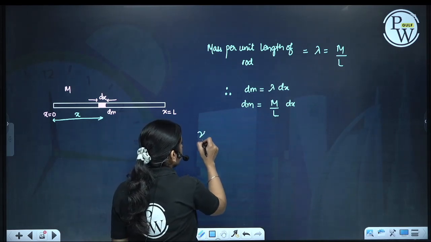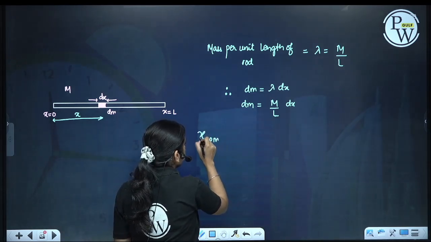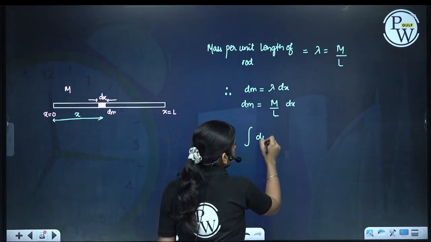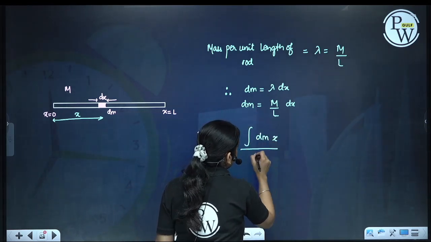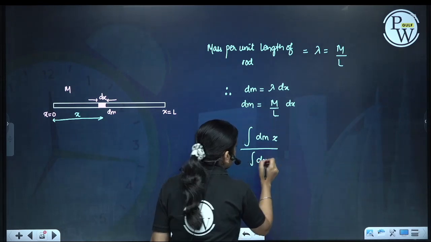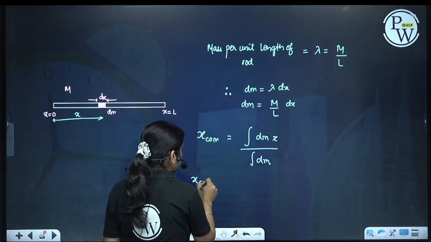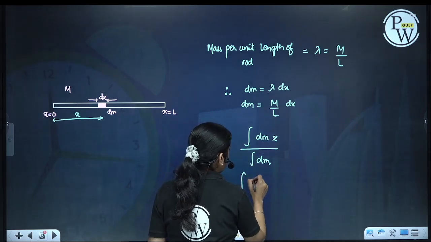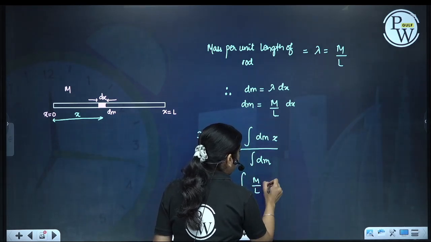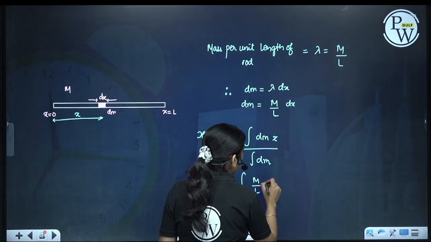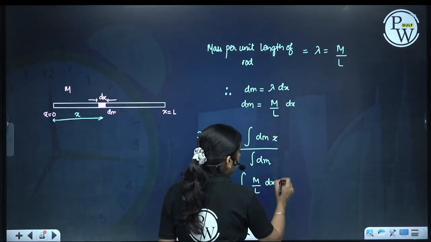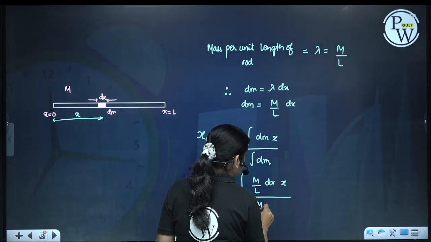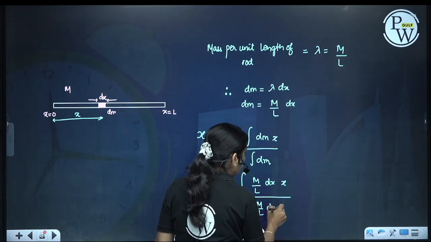Now let us calculate x_cm. x_cm will be the integration of dm into x divided by the integration of dm. Put the value of dm, which is M by L into dx.